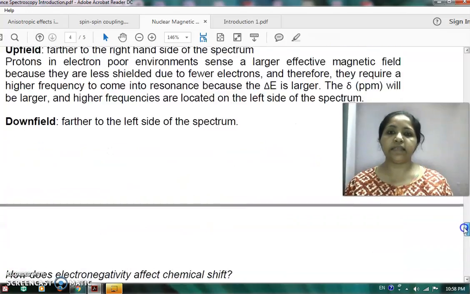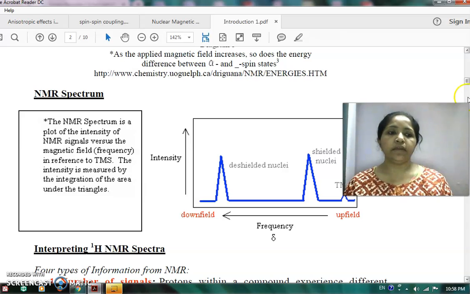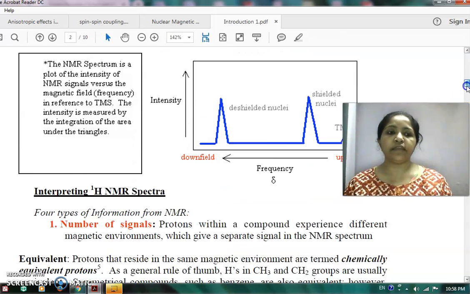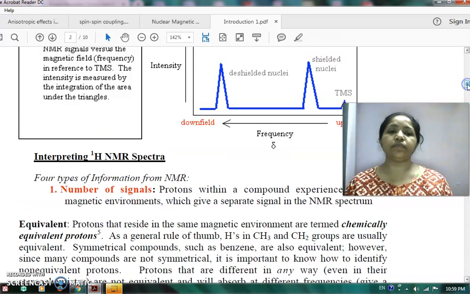So let us see one or two values. Here, from the interpretation, the first thing is that, depending on the number of peaks, we can understand. In this particular spectrum, what we see is that there are two different peaks.